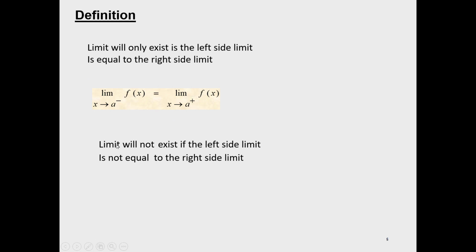Now when does a limit not exist? A limit will not exist if the left-side limit is not equal to the right-hand side limit. That means the two sides will not be the same. This is how we denote it: the limit as x approaches a from the negative side of f of x is not equal to the limit as x approaches a from the positive side of f of x.